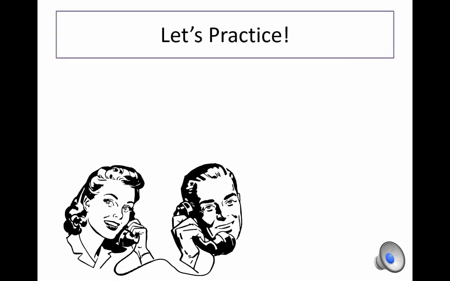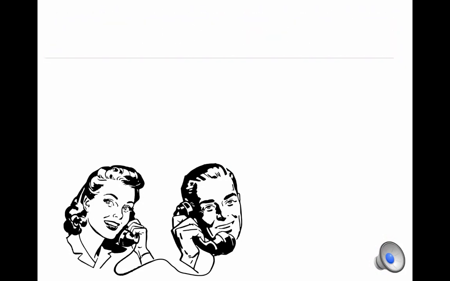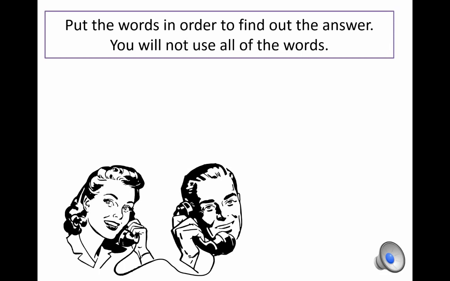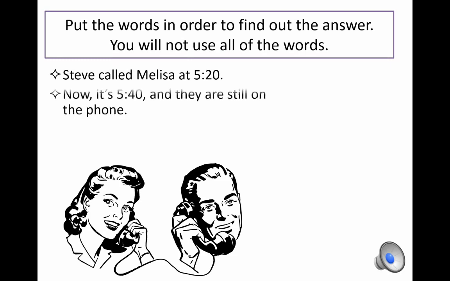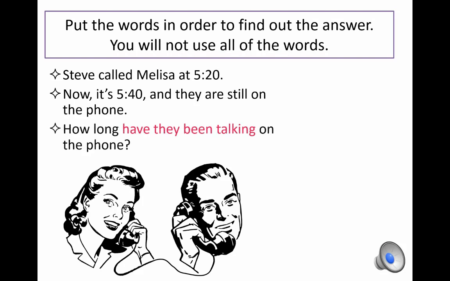Okay, let's practice. Put the words in order to find out the answer. You will not use all of the words. Steve called Melisa at 5:20. Now it's 5:40 and they are still on the phone. How long have they been talking on the phone?